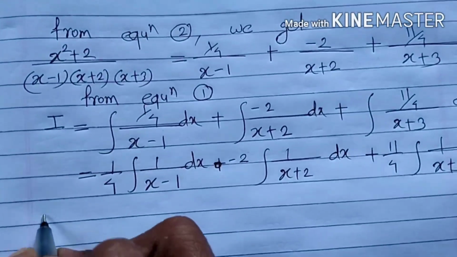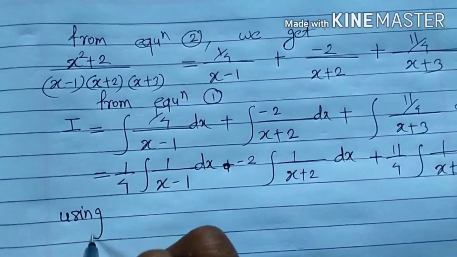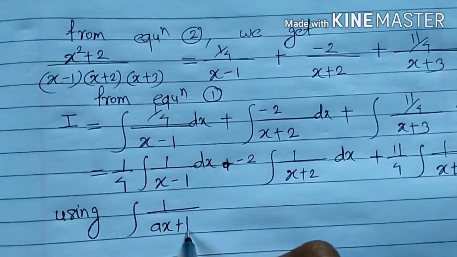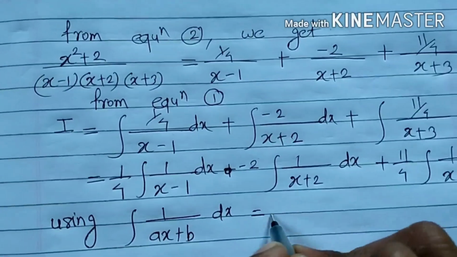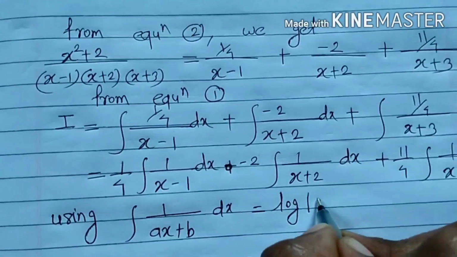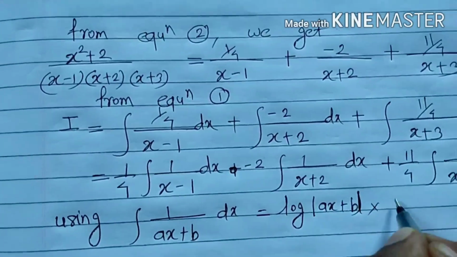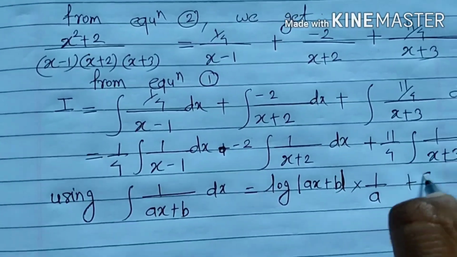Now using integration of 1 upon ax plus b dx is equal to log mod of ax plus b into 1 upon a, plus c.